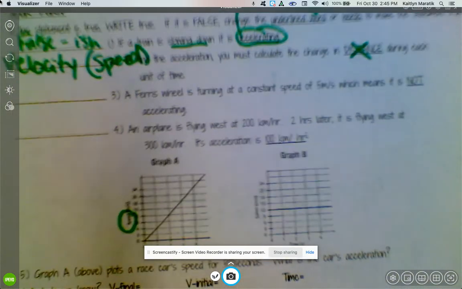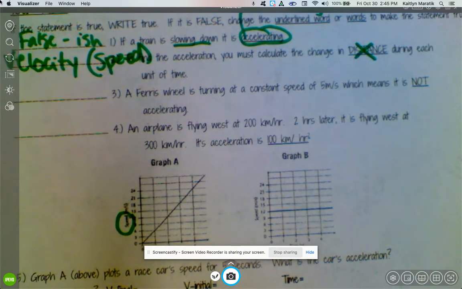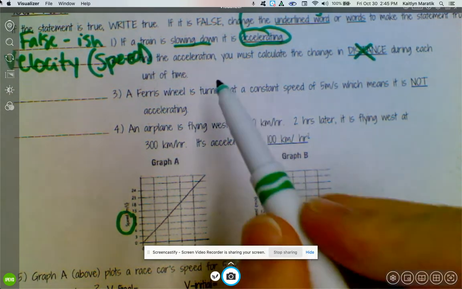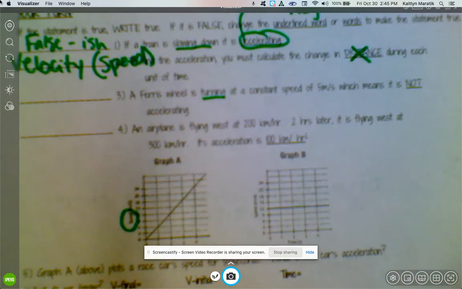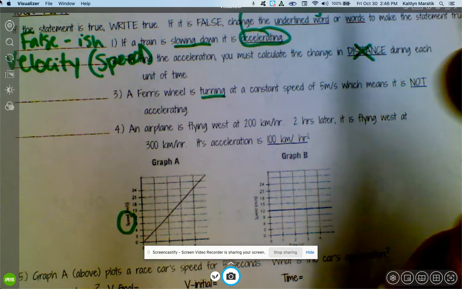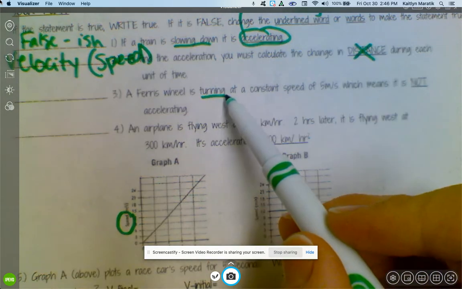Number 3, a Ferris wheel is turning at a constant speed of 5 meters per second, which means it is not accelerating. Is it or isn't it? If it is turning, it's changing direction. Now remember, velocity can change if it turns because it's a vector quantity.